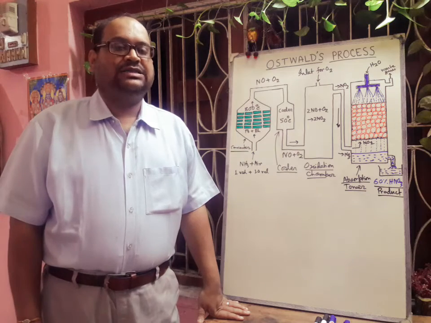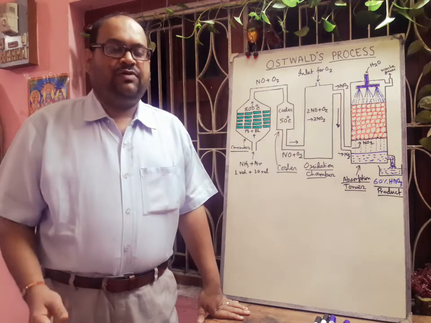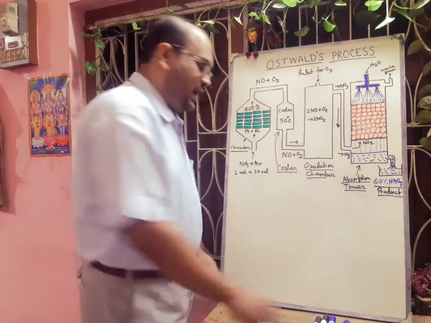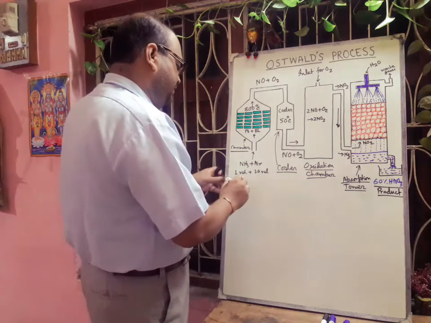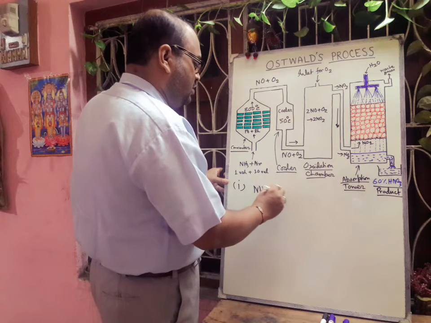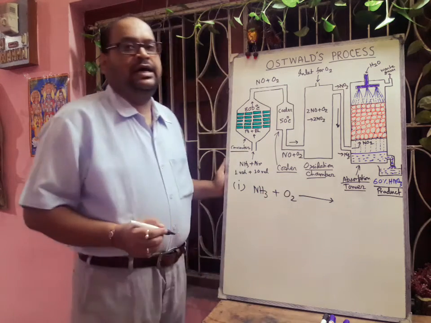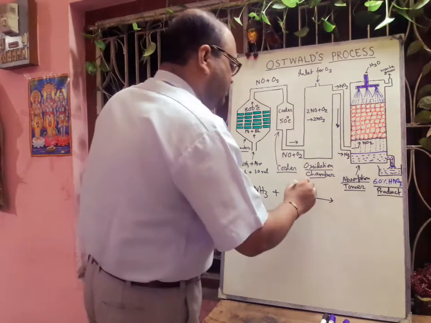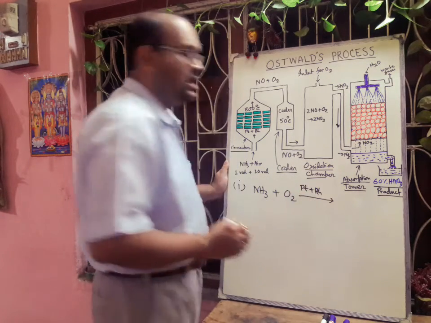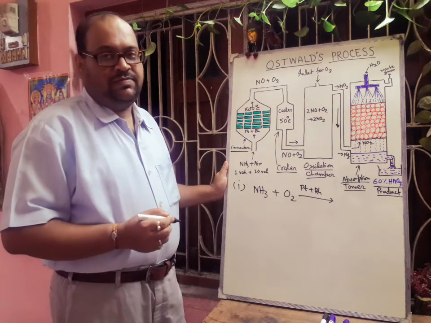Now what is the first step of the reaction? There will be catalytic oxidation of ammonia to nitric oxide. If we write the reaction, then we can understand that ammonia will react with oxygen in the presence of the catalyst platinum and rhodium. Platinum 90%, rhodium 10%. Rhodium is used here to prevent the oxidation of platinum.